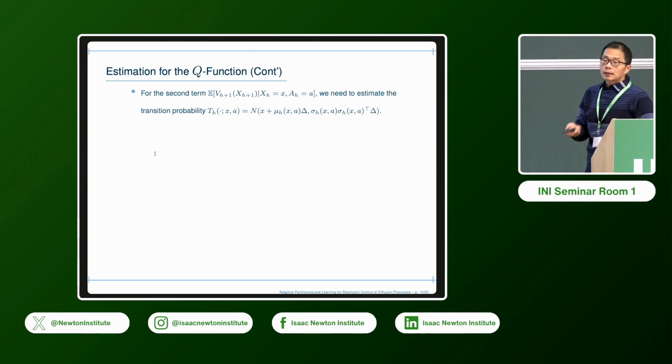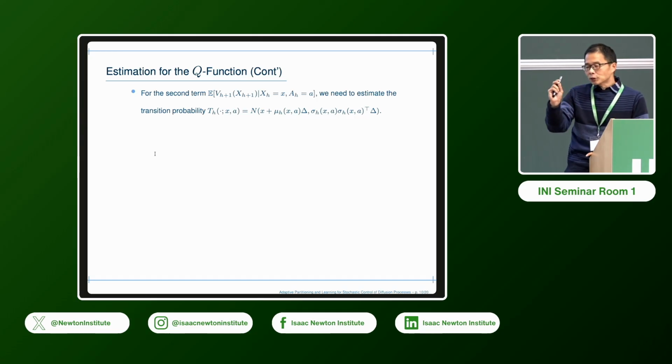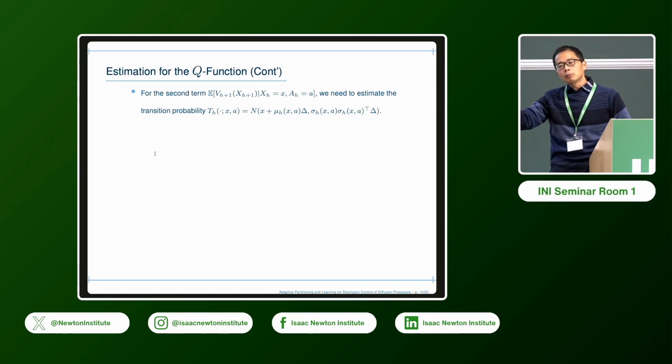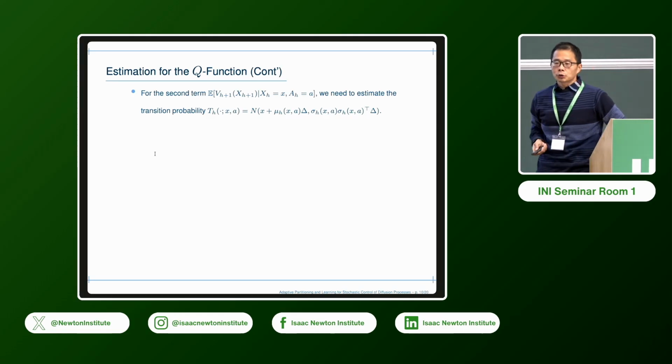Now, the other bit is the expectation of our future values, and for this estimation, we need to estimate the transition probability, right? Fortunately, in our case, because of this diffusion model driven by Brownian motion, we have the normal distribution.